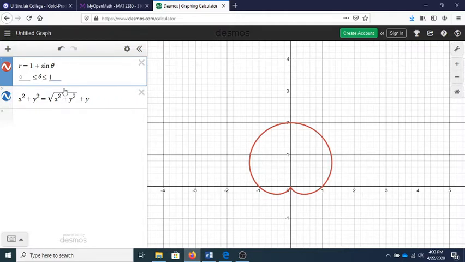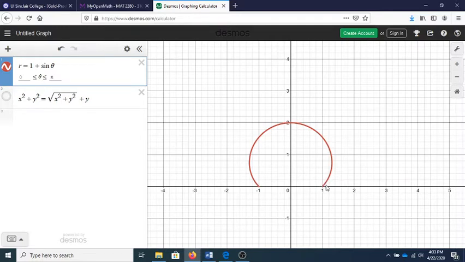Whenever you put a polar curve into Desmos, it defaults to taking theta from 0 to 2 pi. Let's see what happens if we just go from 0 to pi. I'll get rid of that blue curve so it's not confusing us. When theta equals 0, we would be here at 1 comma 0.